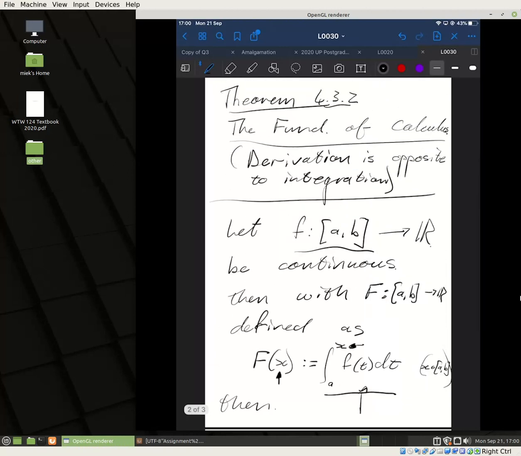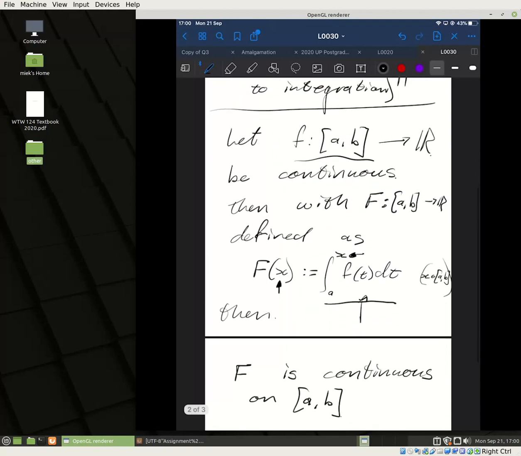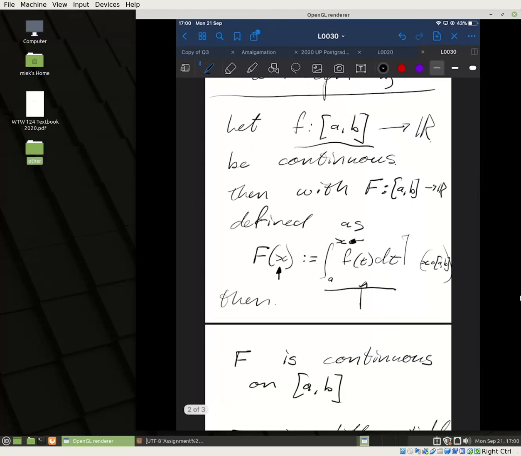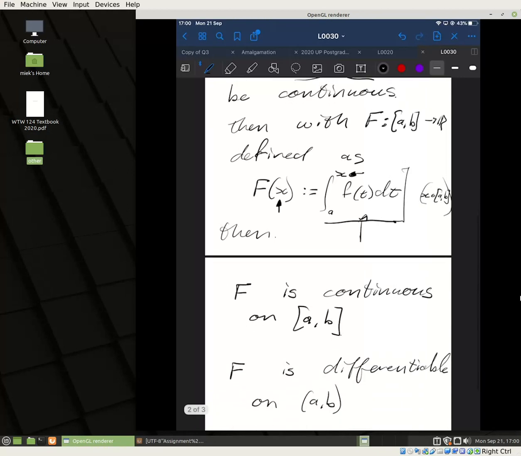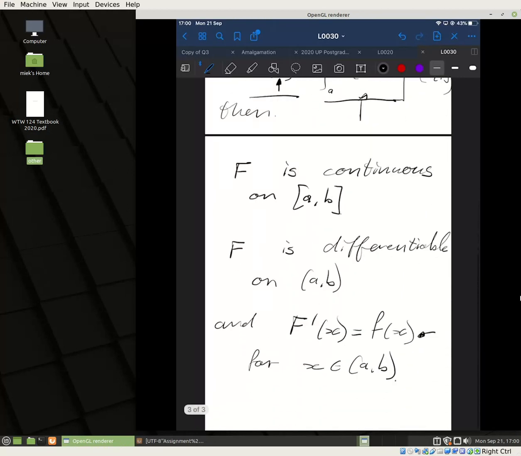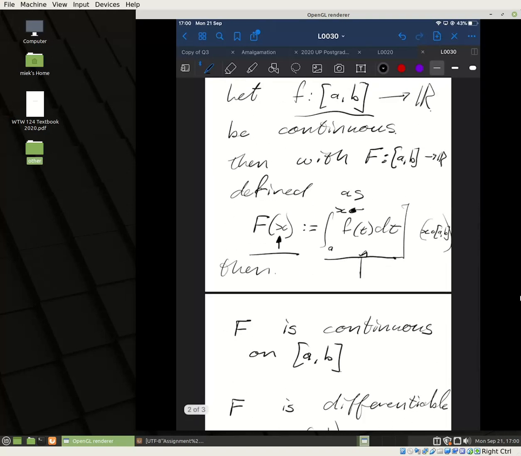So in this sense, it says that derivation is the opposite of integration. We define our F as this integral, and if we now differentiate this function F, we get back the function that we actually integrated.